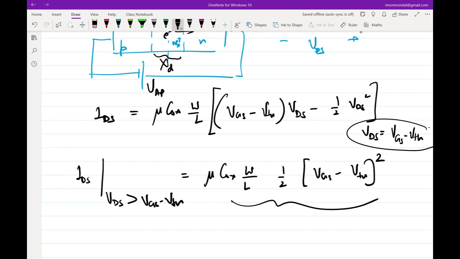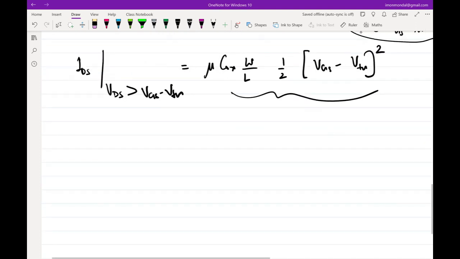So this mathematical model will not be valid if you replace VGS minus VTH with VDS in this equation. This region where the current gets saturated, where the current doesn't increase beyond this VDS, is obviously called the saturation region of operation.